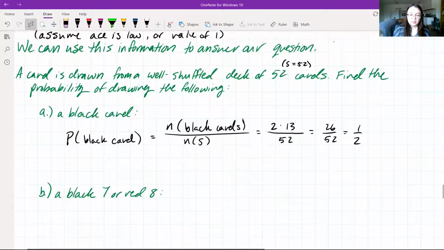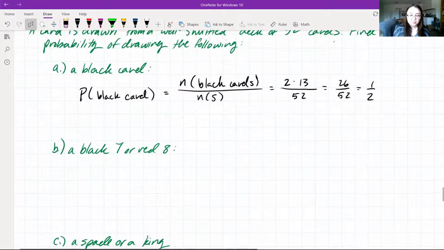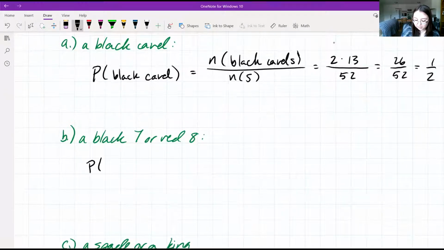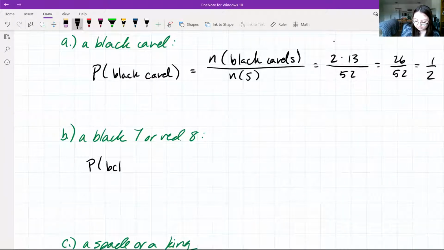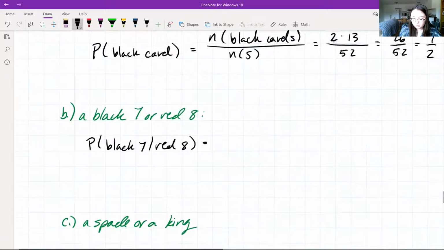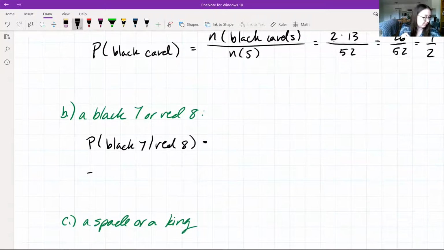All right, now moving on to part B, we have a black 7 or a red 8. So we're going to write this out. Say probability of black 7 or red 8. We can decipher some things here first.